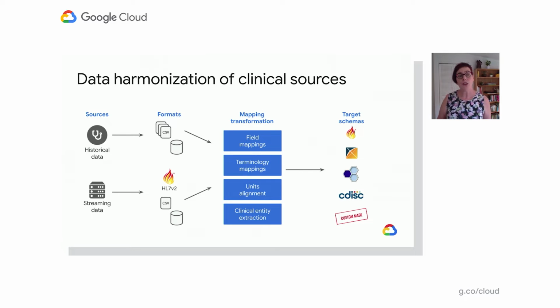Now, in order to go from your data sources into your target schema, you typically need to have your data undergo 4 types of transformation.